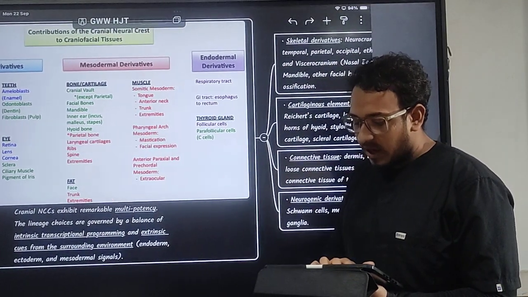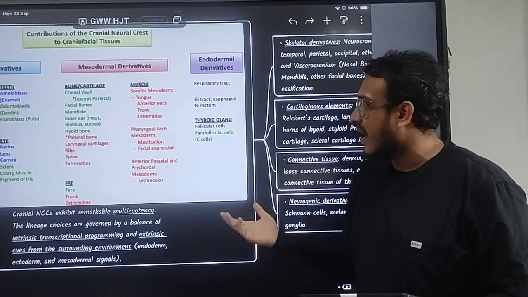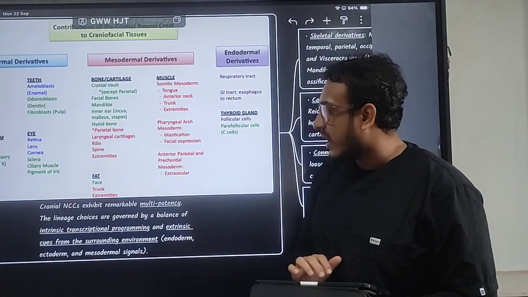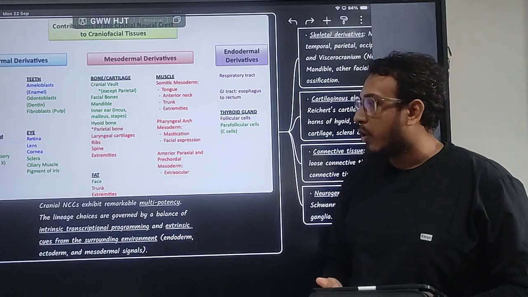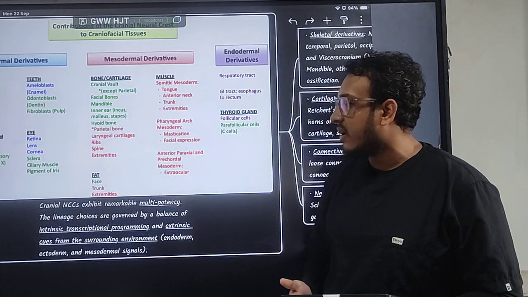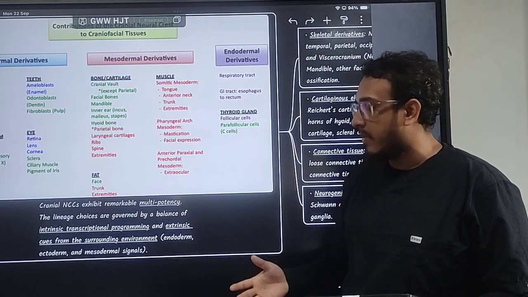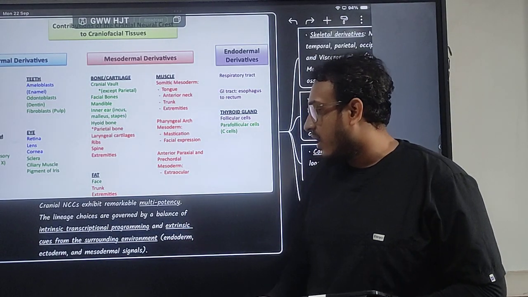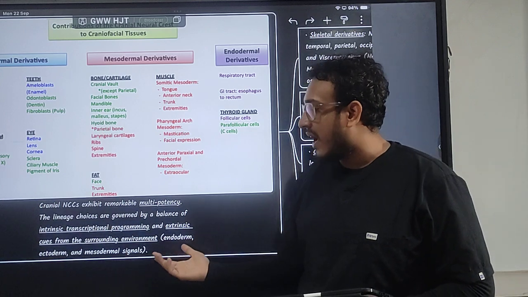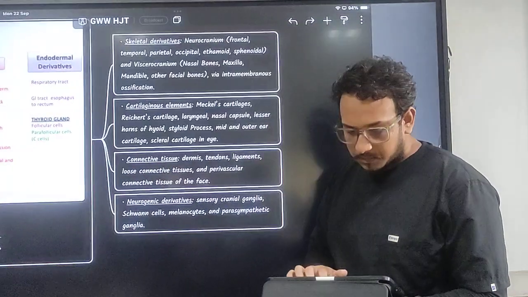And in the endodermal derivatives, it will form the respiratory tract, thyroid gland, and other structures. So cranial neural crest cells exhibit multipotency, and the lineage choices are governed by a balance of intrinsic transcriptional programming and extrinsic cues from the surrounding environment. So it depends on both the ectodermal, endodermal, and mesodermal signals.